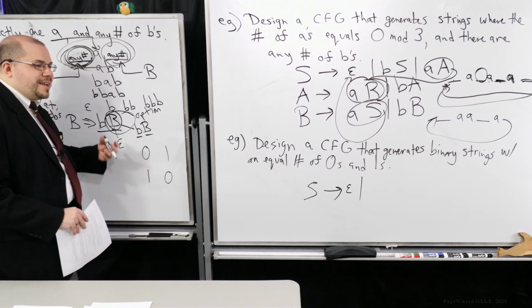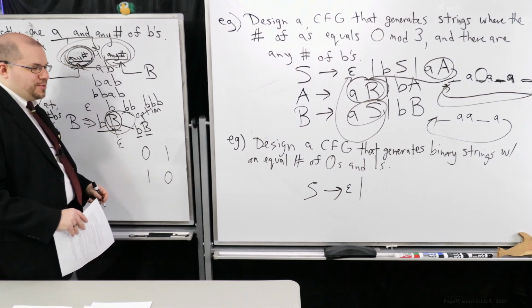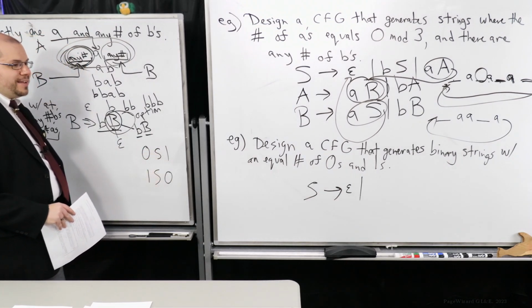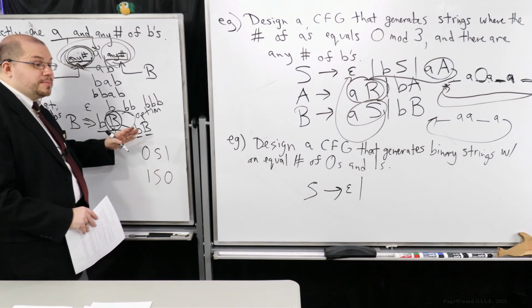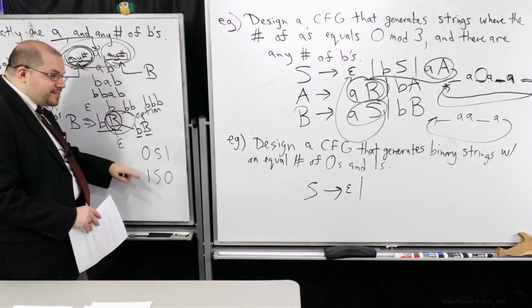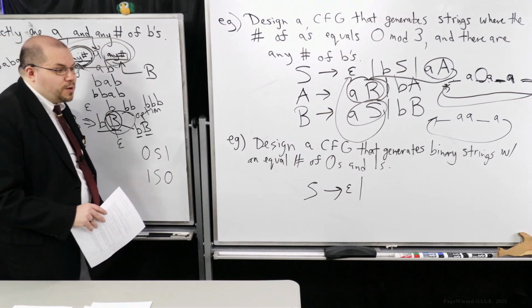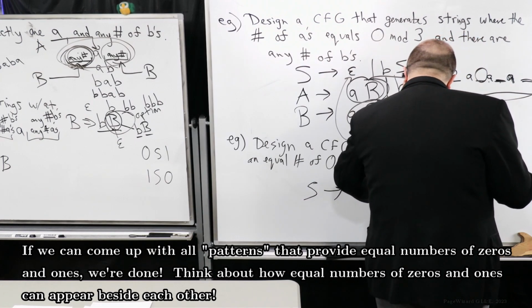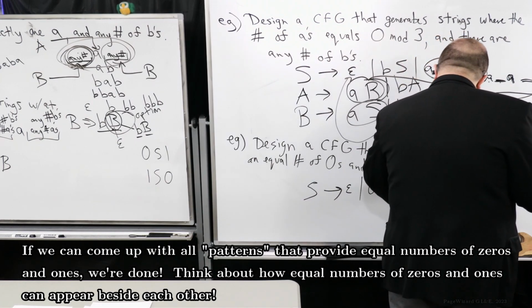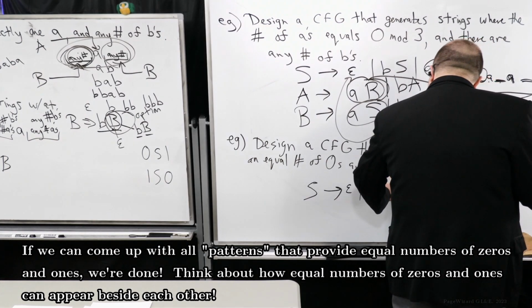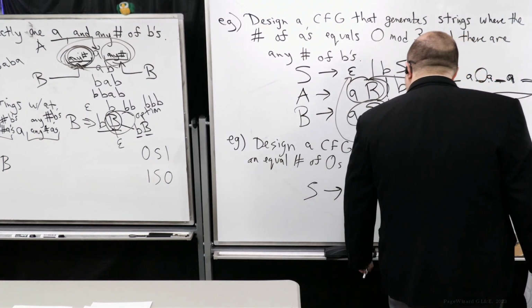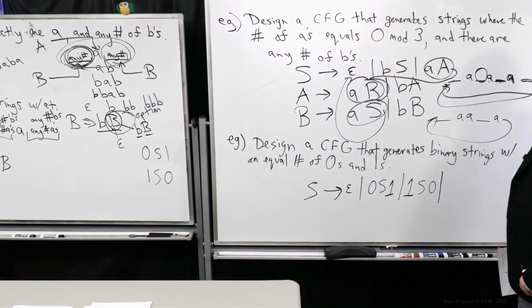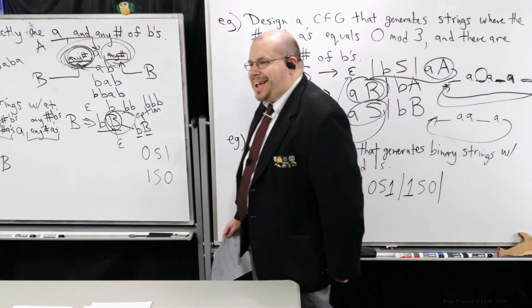Well, let's take tips from our previous example with the palindromes. Maybe we can introduce a variable in between like this so that we can guarantee that we can create patterns that look like equal numbers of zeros and ones. So why don't we introduce these? Now, you might be saying, Dan, is that enough?